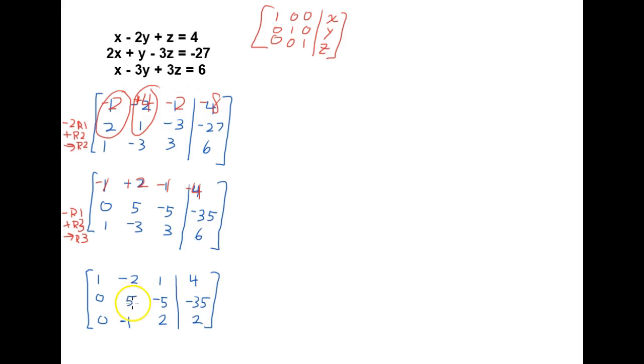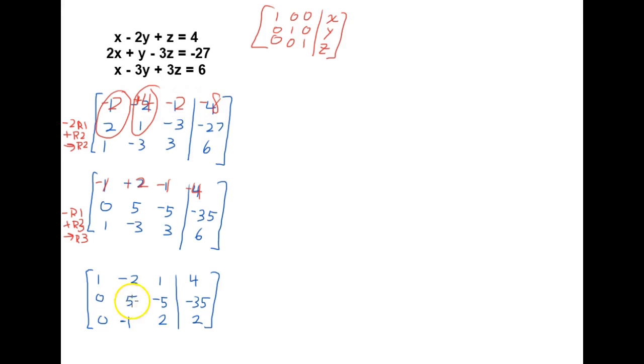The next thing we want to do is get a 1 in this spot, just like we have here. The process is to get the 1, then get the zeros in the same column, in the rest of the column. So we've got that here: the column with a 1 and then the rest of it zeros. We want a 1 here.